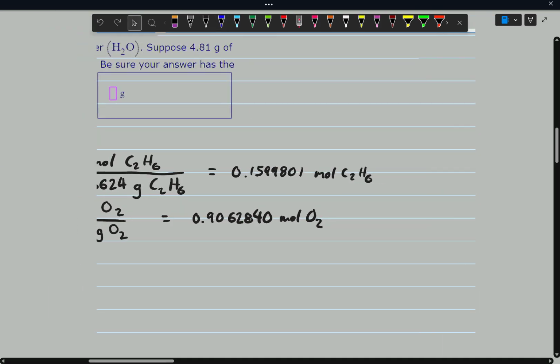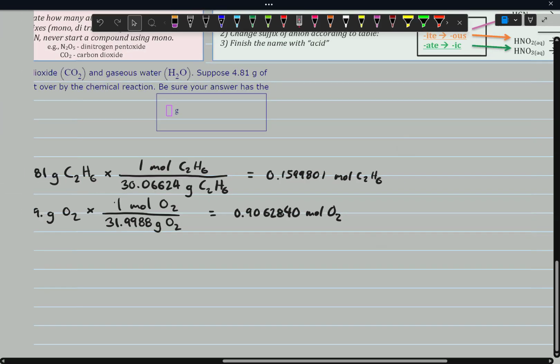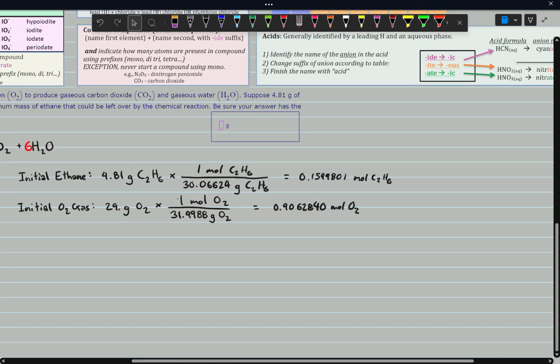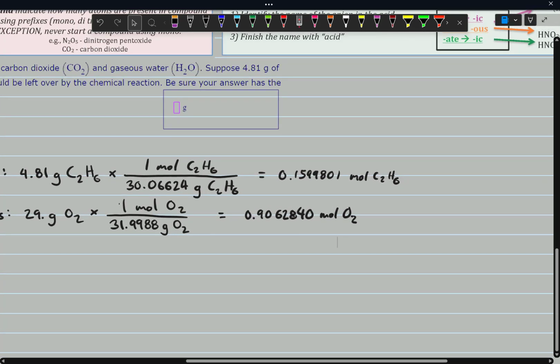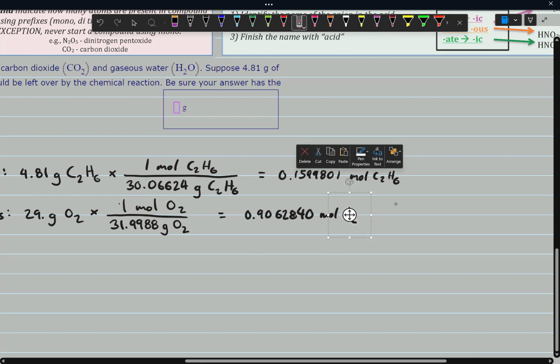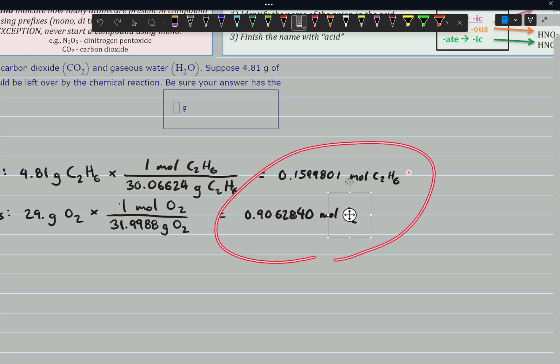So like we did in the previous problems, we need to find out, for any one of these values, how much of the other reactant is used by this amount of one reactant.